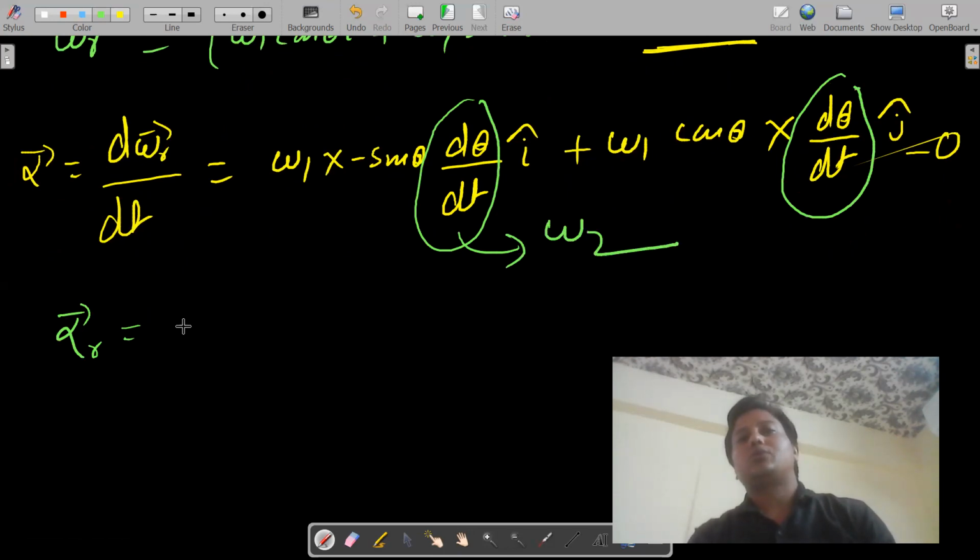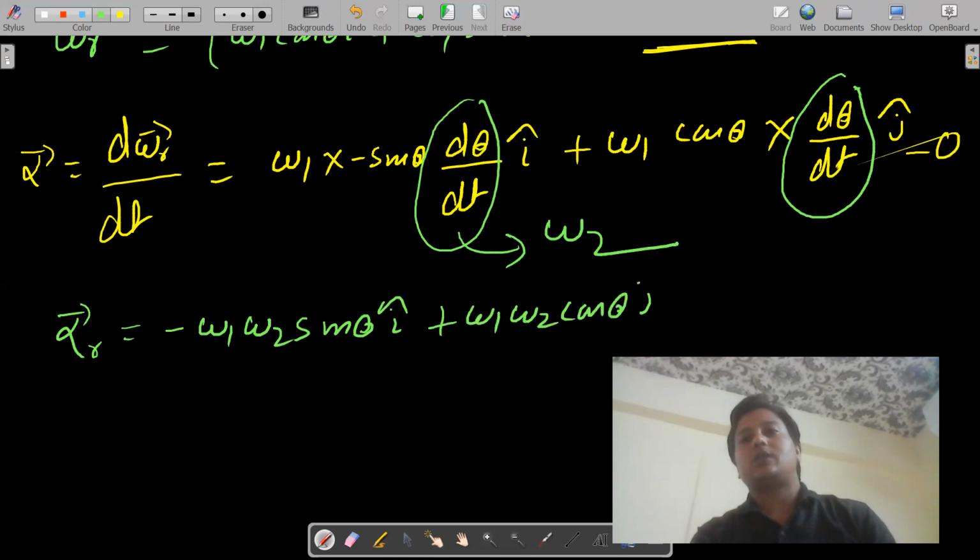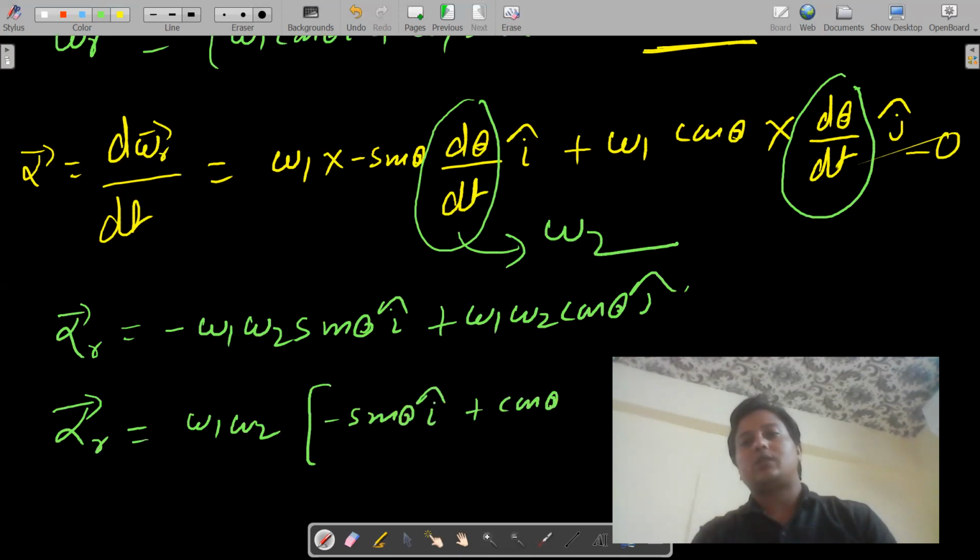So this is minus omega 1 omega 2 sin theta i cap plus omega 1 omega 2 cos theta j cap. So the resultant angular acceleration has omega 1 omega 2 common, times minus sin theta i cap plus cos theta j cap.